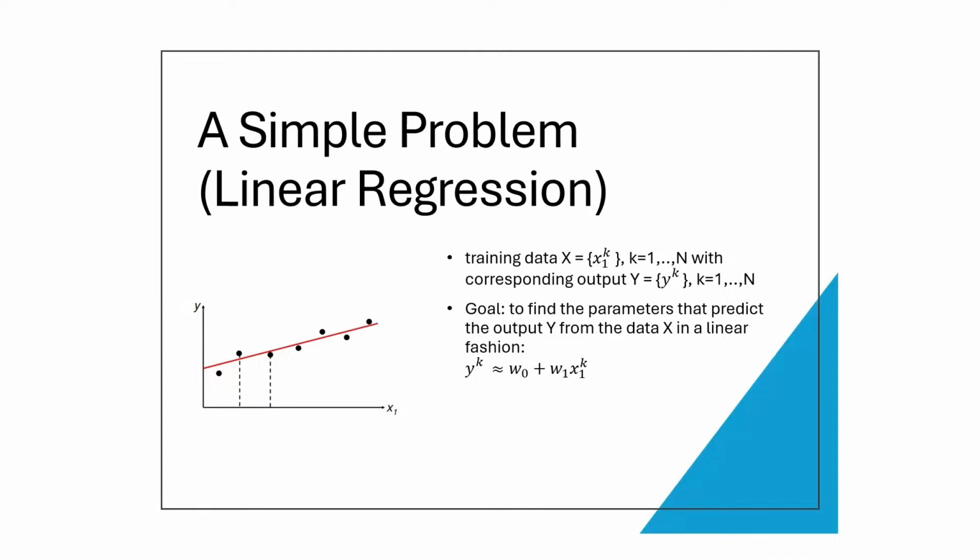So we have to adjust some weights in order to have the linear function that minimizes the total error between the samples and the linear function. Okay, we would like to minimize the error. So this is the basic problem that we have to investigate.